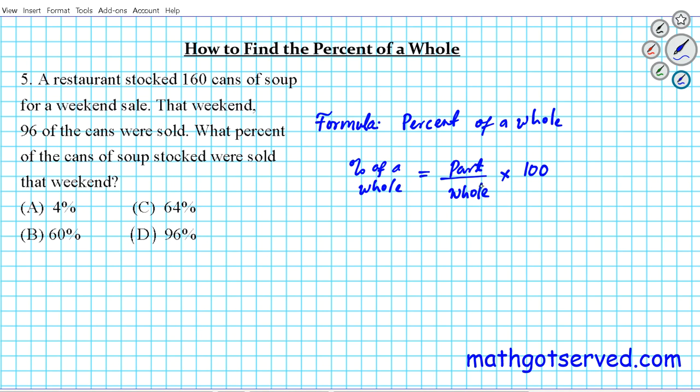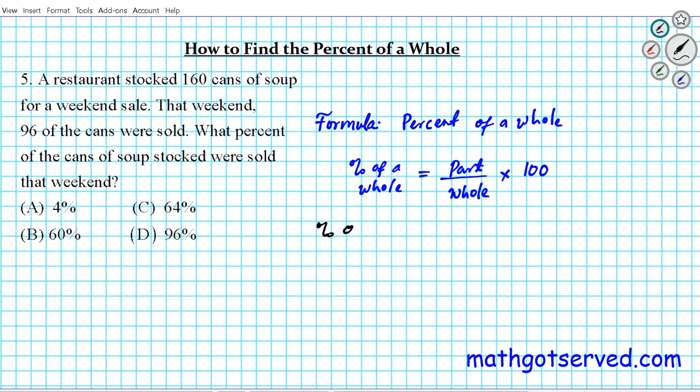This shows you the part of the whole in fraction form, and when you multiply by 100%, that changes it into a percent. If you divide this part of a whole completely, that will give you the part of the whole in decimal format. Okay, so let's go ahead and adapt it to this problem.